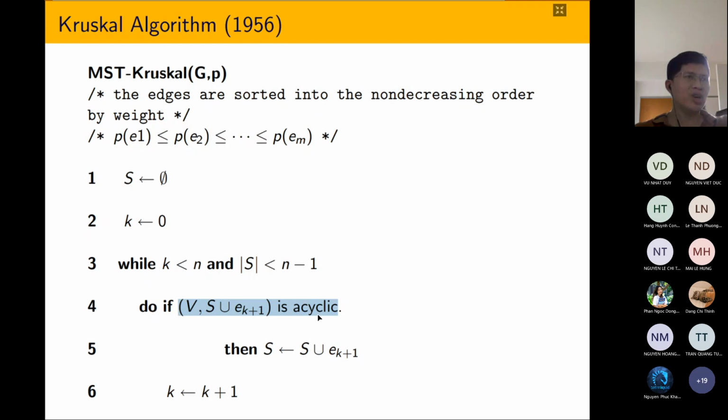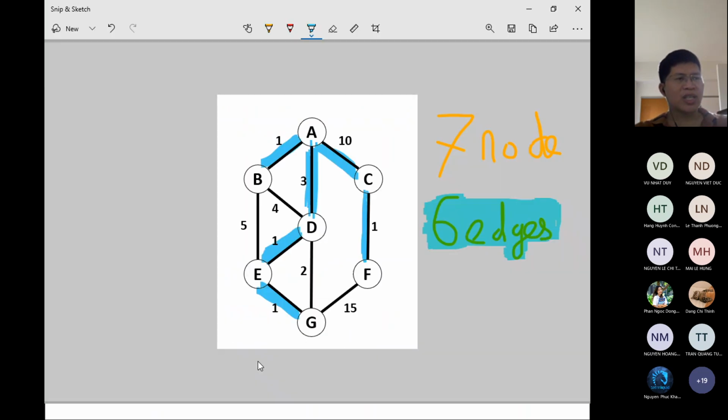If no, we just continue. So the complexity will be high, because each time we do a check, it would be n times (n minus 1) multiplied by that. So try to imagine and propose another way to check whether or not we have a circle. Now everyone have a look at this one.